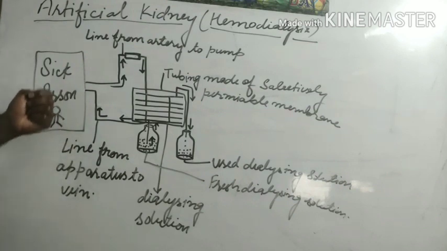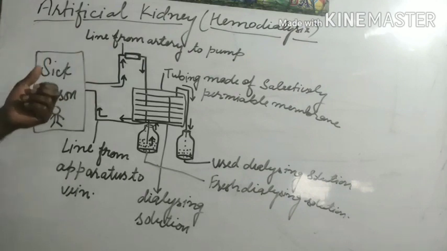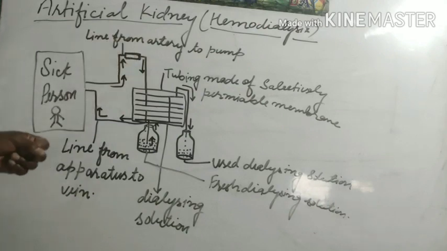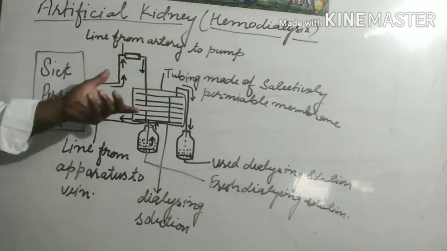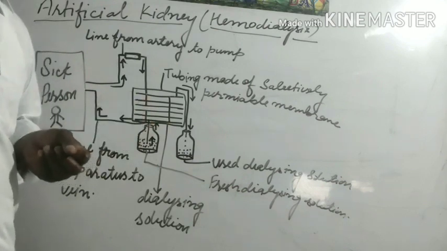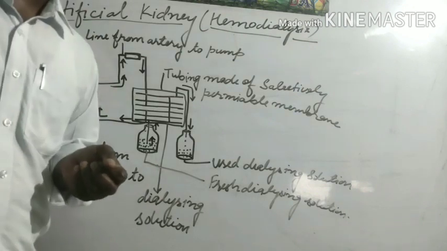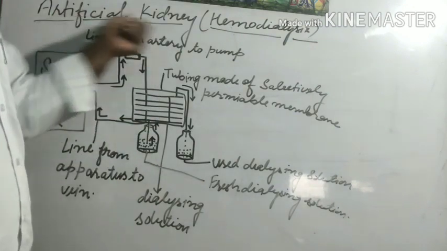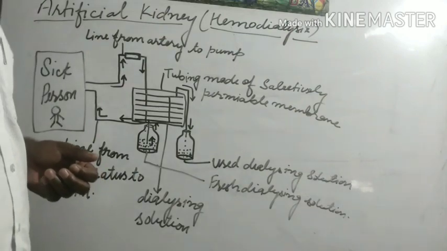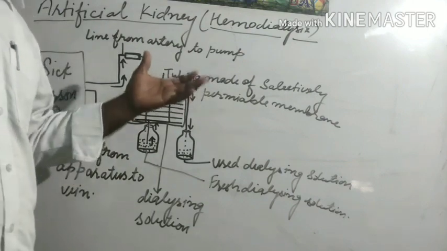Students, this artificial kidney contains a number of tubes with a semi-permeable membrane, as I have discussed. When any person suffers from kidney problems, they are treated by using the artificial kidney. That is the process of dialysis, used in the early phase when the kidney is not working properly.